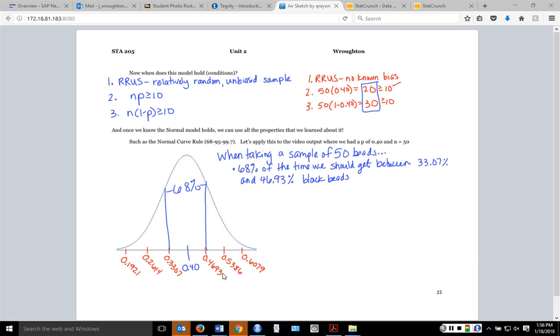Now if I go out that second standard deviation, that was when that 95% happened.